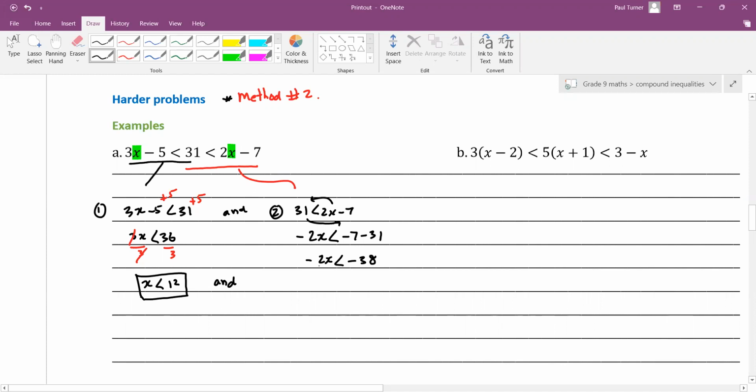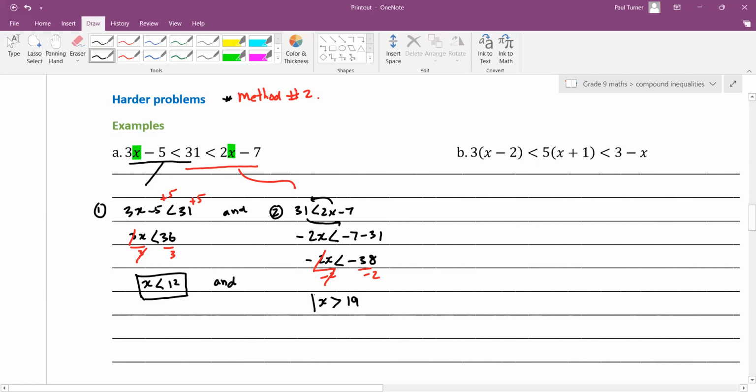Okay. So now we need to divide by negative 2. You see that? Because I've got a negative 2 here. So negative 2 will cancel. But you've divided by a negative number, so now you need to change this sign to be x greater than 19.